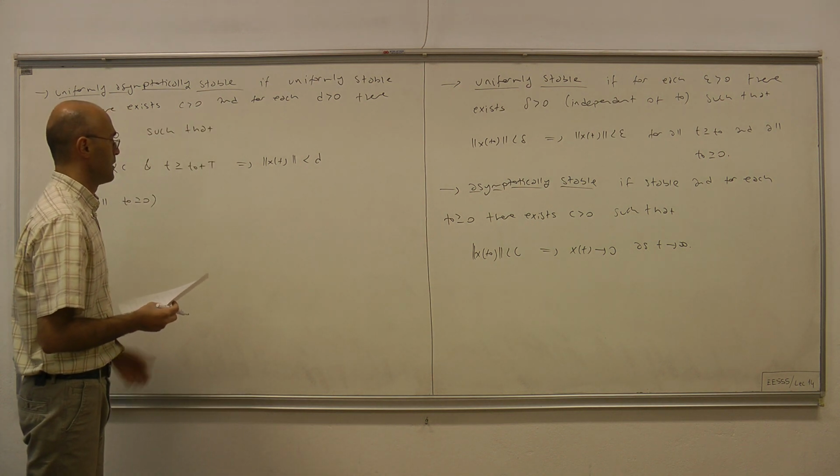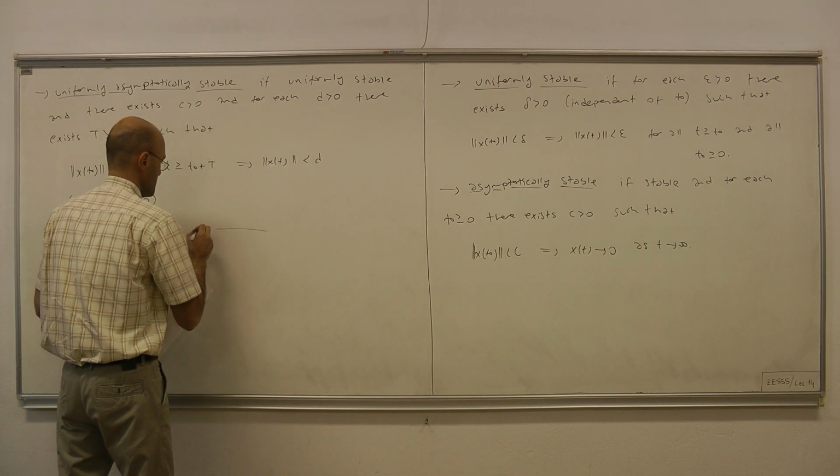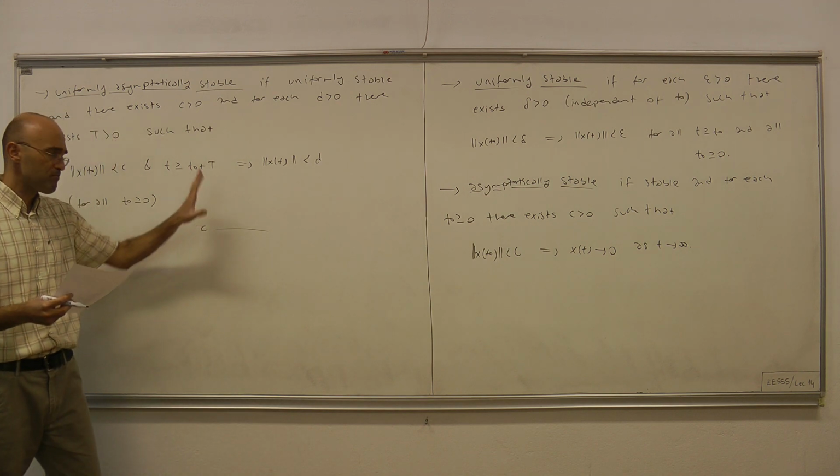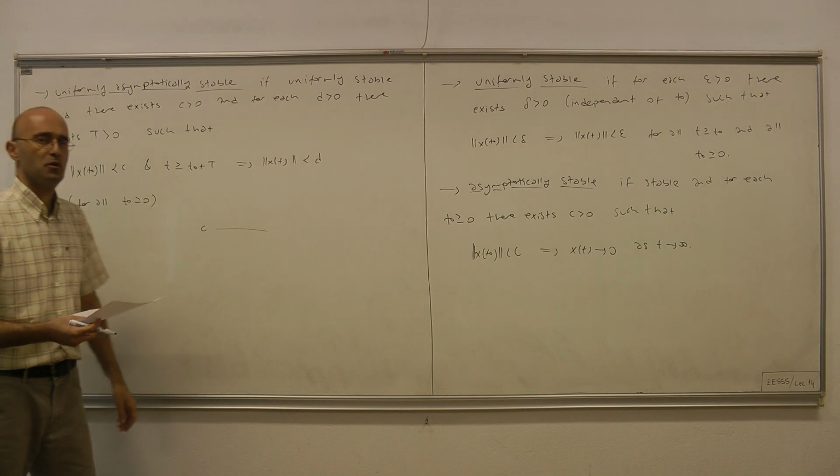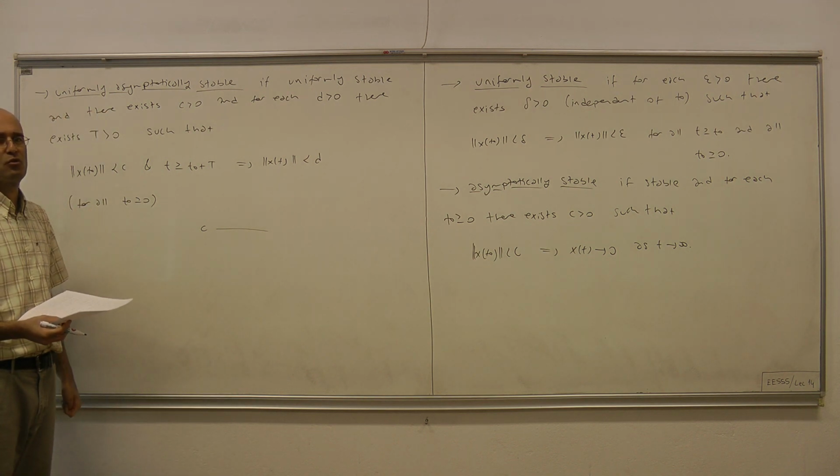Okay. So suppose that this is c, and starting from magnitudes below c, you always converge to the origin. But now you want that convergence to be uniform.